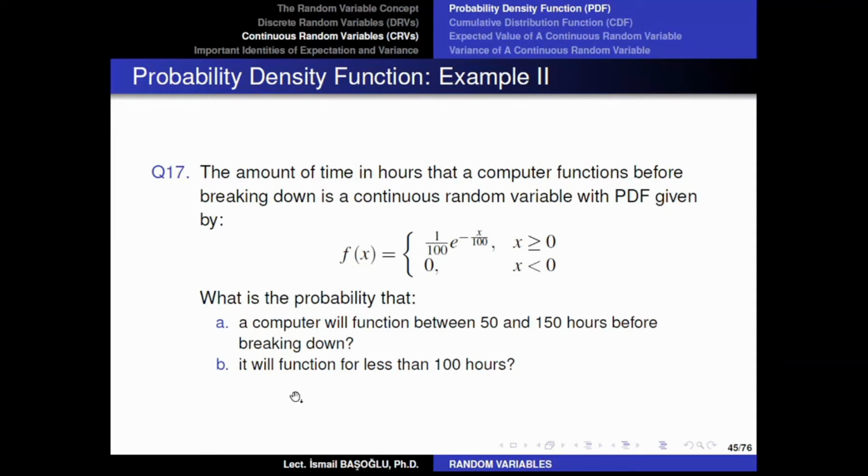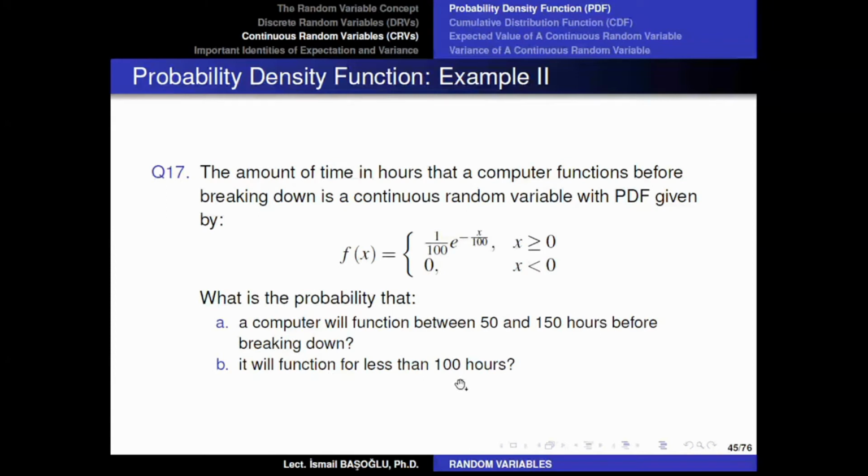Secondly, for part B, it says what is the probability that it will function for less than 100 hours. So what is the probability that it will break down in the first 100 hours? The amount of time until the first breakdown will be less than 100 hours.